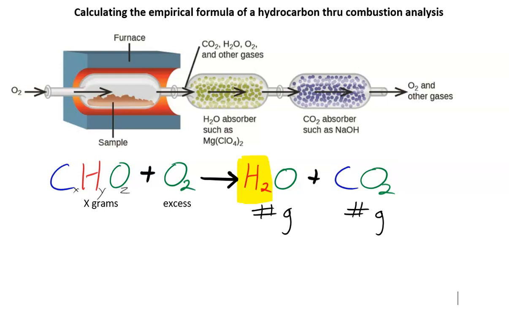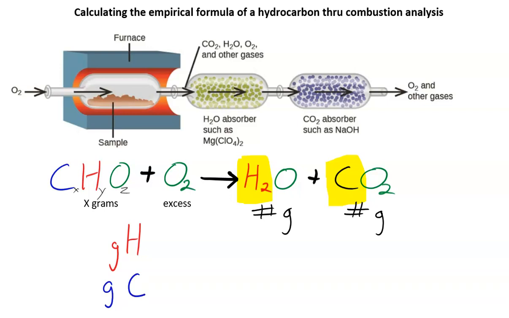If we know the mass of the hydrogen in the water, we know the mass of the hydrogen that came from the chemical. It will be the same. If we can figure out the mass of the carbon dioxide, mathematically we can figure out the mass of the carbon in carbon dioxide, and that came from our compound, and therefore we can figure out the mass of the carbon from the original sample. These will be the same.